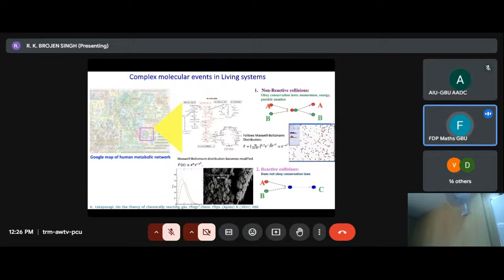If you look at these two types of processes, in natural conditions, 70% of the collision processes are generally elastic, but only 20 to 30% of the collision processes are reactive. But the importance of this particular reactive quality is that it is the basis of all conditions, whether it is a living or a nonliving system. That's why it is very important. And further on, I'm going to talk about the better types of this particular reactivity.